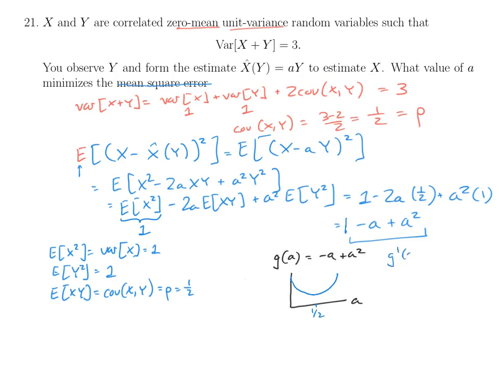And if you weren't sure why, you'd say, oh, I'll take a derivative, and I'll get minus 1 plus 2a, and I'll set that equal to 0, and I get a equals a half. And a half happens to be exactly the covariance. And if you generalize this and solve this with a general rho, the general answer will always be a equals rho.